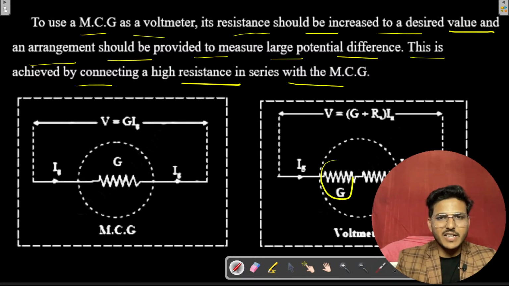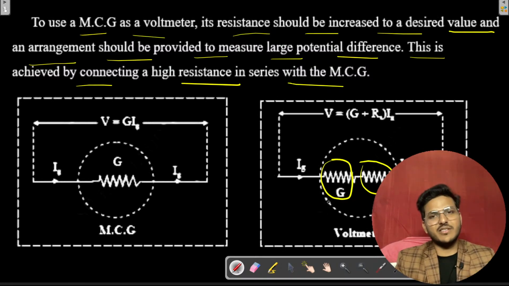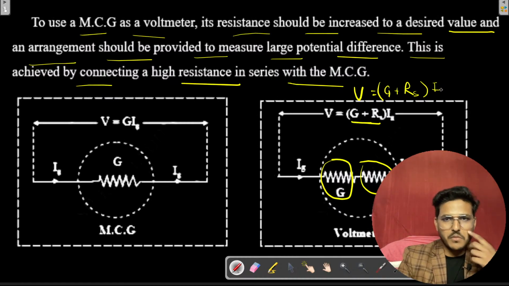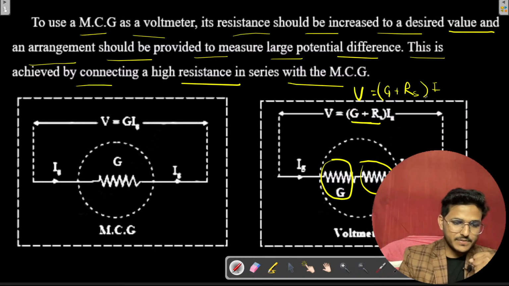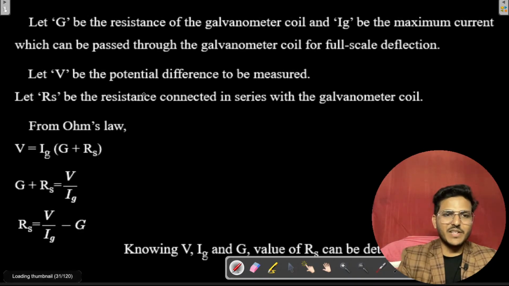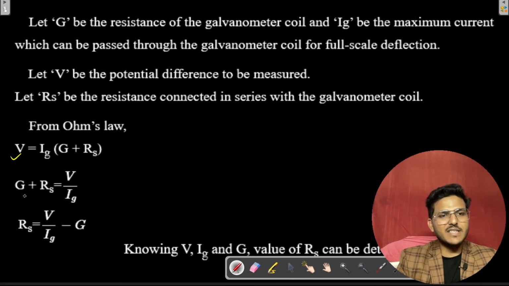Here G is the resistance of the galvanometer and this is the shunt resistance Rs, so that V equals Ig (G plus Rs). That is, G plus Rs equals V upon Ig, and Rs equals V upon Ig minus G.